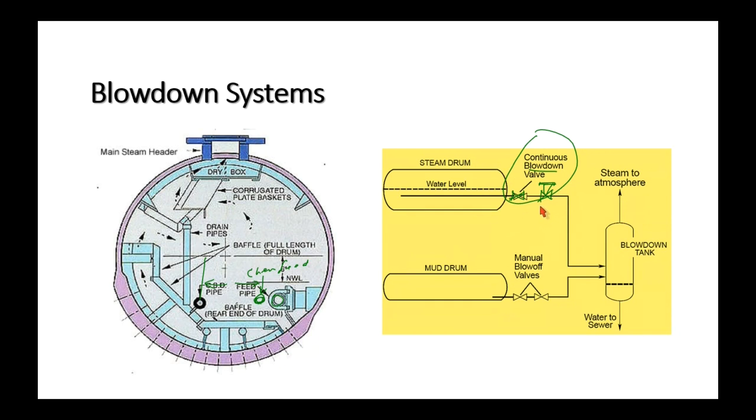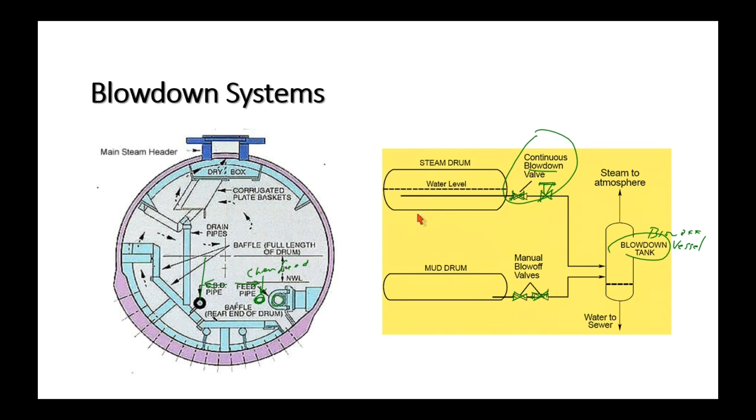So a micro-adjusting needle valve. And as for the intermittent blow-off from the mud drum, we're going to have the two valves that are required by ASME code. Anyway, they're both going to discharge into our blowdown tank, or sometimes we call it a blow-off tank, or a blow-off vessel. You'll hear all those terms used.